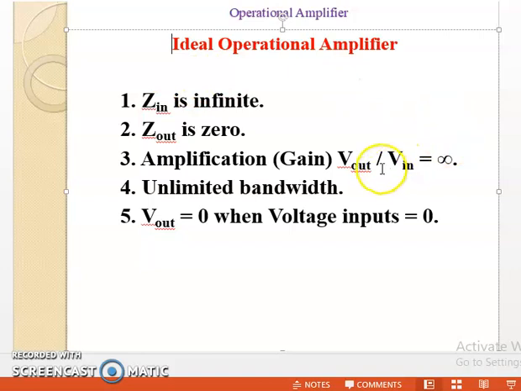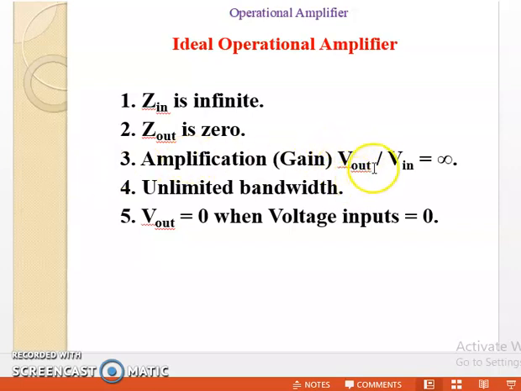Voltage gain of the amplifier is nothing but the output voltage to input voltage. Amplifier means an electronic device which increases the strength of the input at the output.